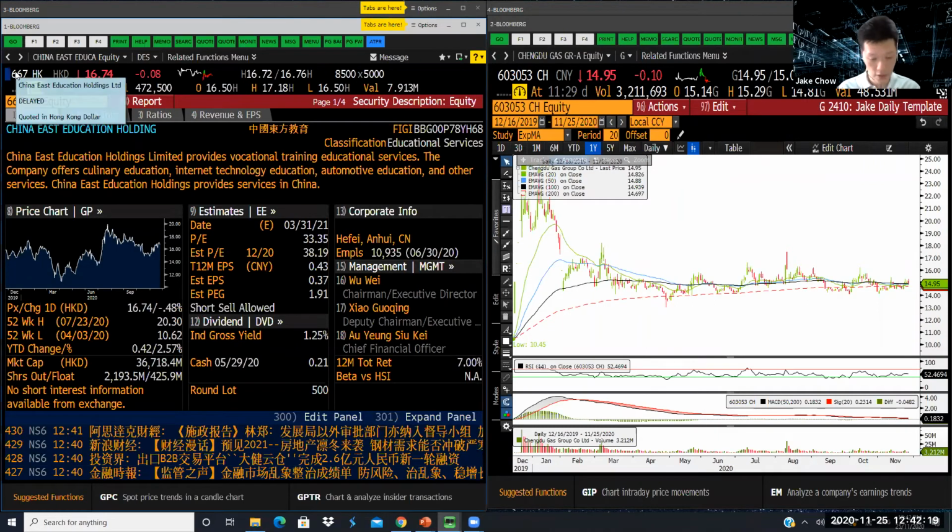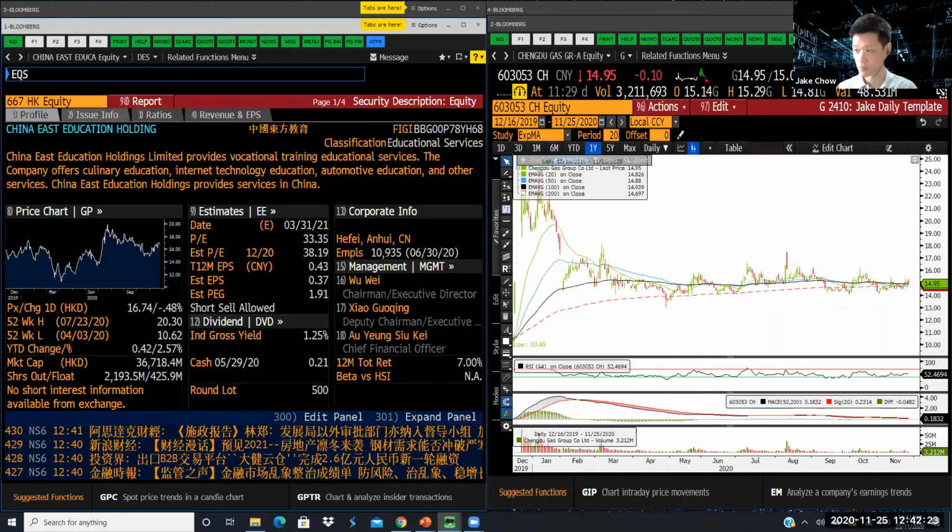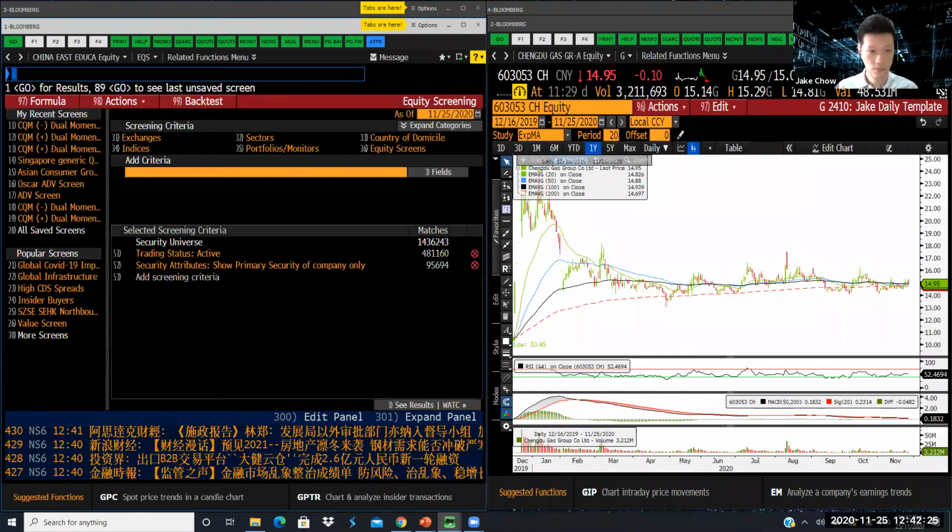To go to the function, you just type EQS on the top left-hand corner. Right, so I'm at the EQS function.